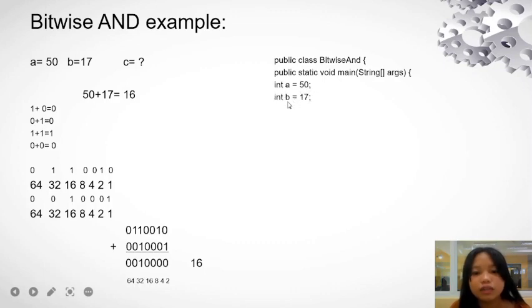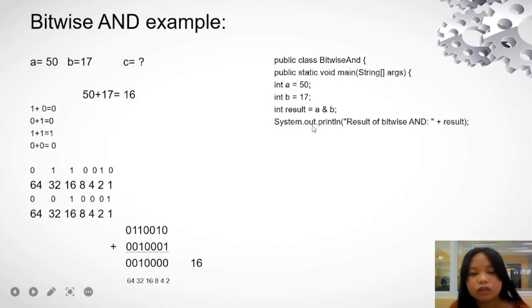Same with B, our value is 17, and we need a result so that we can get the result of these two values. We need to print the result of bitwise AND, also the binary result using integer to binary string.